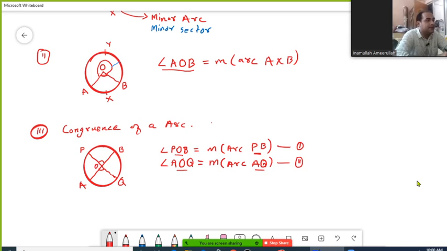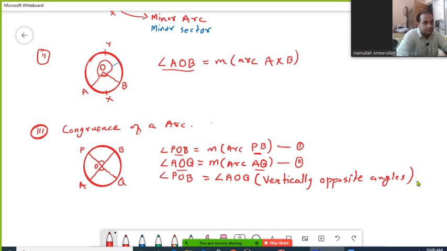Besides, I can say angle POB is actually equal with angle AOQ. Reason is they are vertically opposite angles. Now look at this.